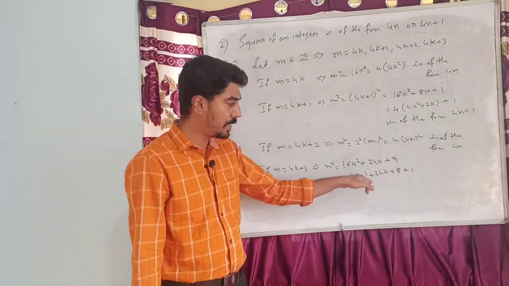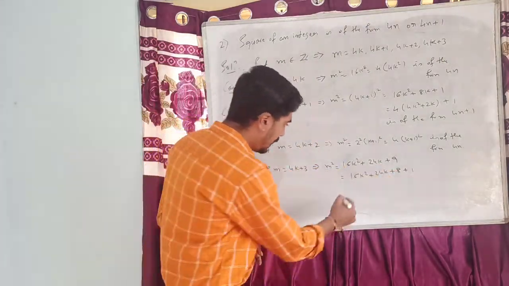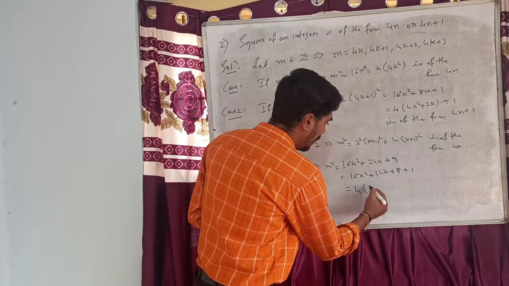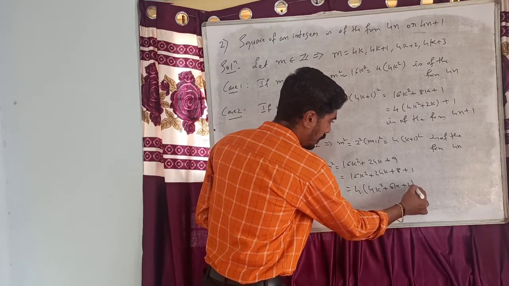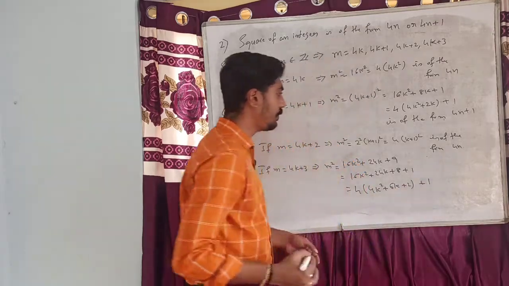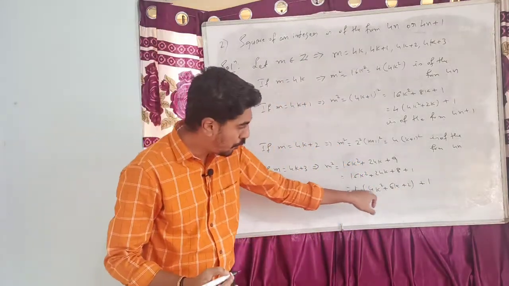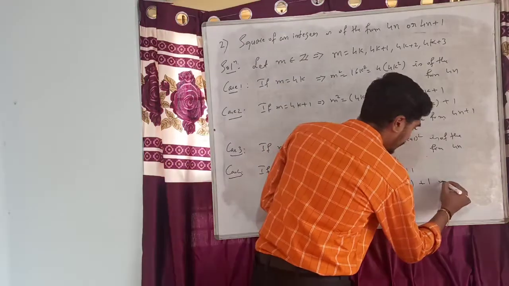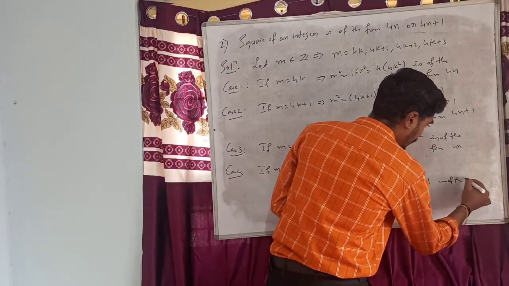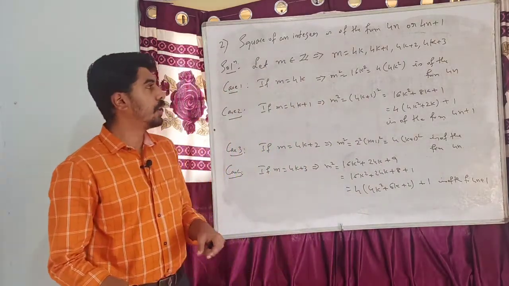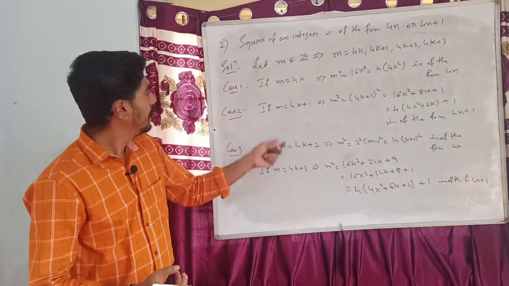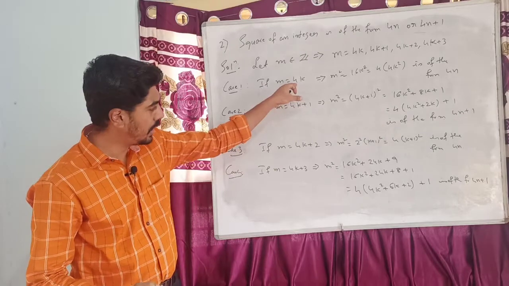If I take 4 as common in the first 3 terms, this will be equal to 4 into 4k square plus 6k plus 2, plus 1, which is of the form 4n plus 1.